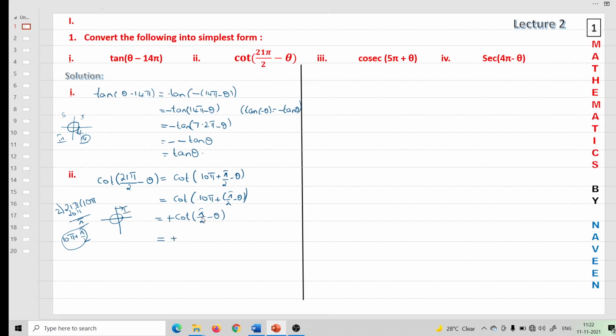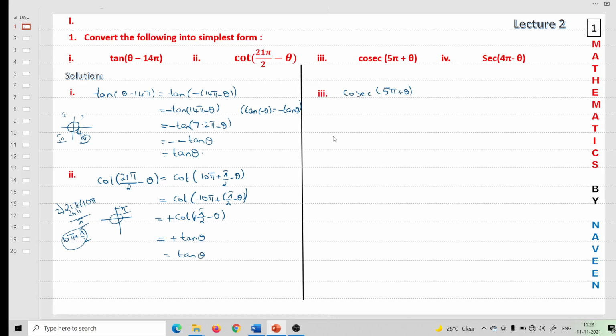Pi by 2 is multiplied by 1, I am writing it as 1 times pi by 2. 1 is an odd number. Then there is a change in trigonometric ratio, and cot changes to tan. Tan theta. Clear? So cot of 21 pi by 2 minus theta can be written as tan theta.